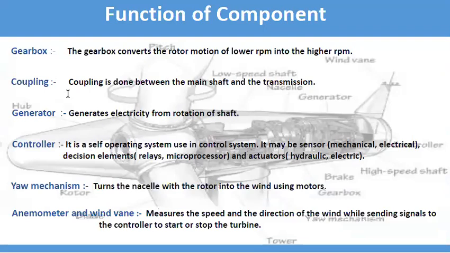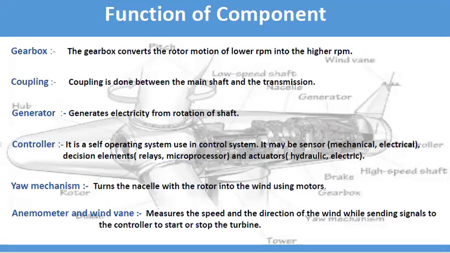And coming to the coupling, it is done between the main shaft and transmission. And coming to the generator, it generates electricity from the rotation of the shaft. And coming to the controller, it is a self-operating system used in the control system. It may be a sensor, that means mechanical, electrical, decision elements, and relays, microprocessors, and actuators, that means hydraulic or electrical.